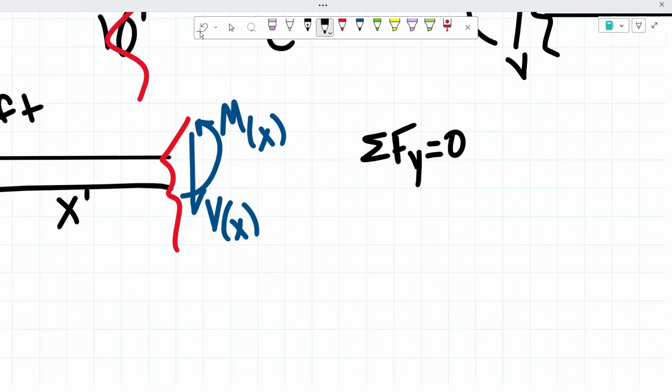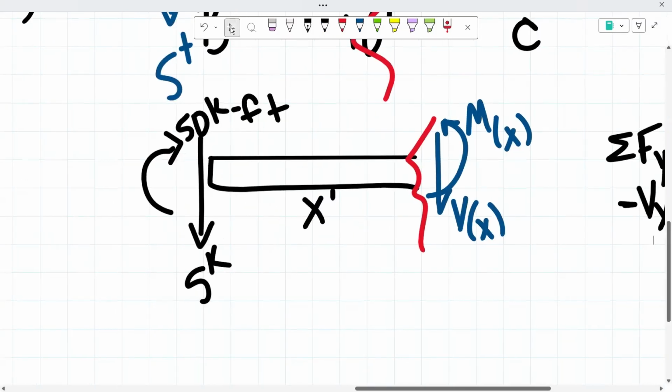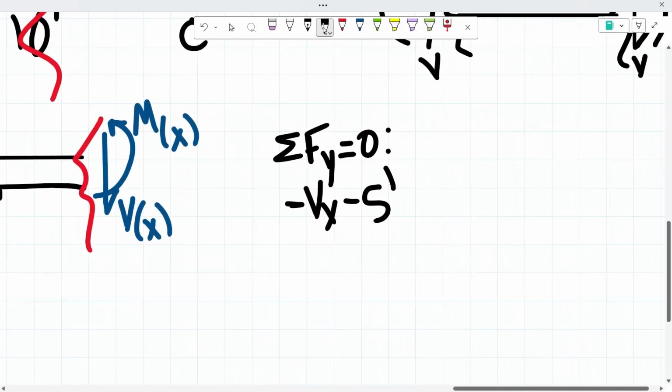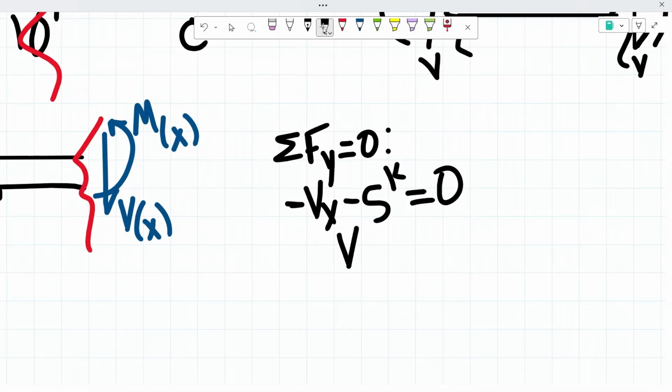So we have that negative shear, negative V of x, and on the other side we also have negative 5 kips. So negative V of x minus 5 kips is equal to 0. Solving for our shear, we get that our shear is equal to negative 5 kips. Now we're going to proceed to find our moment.